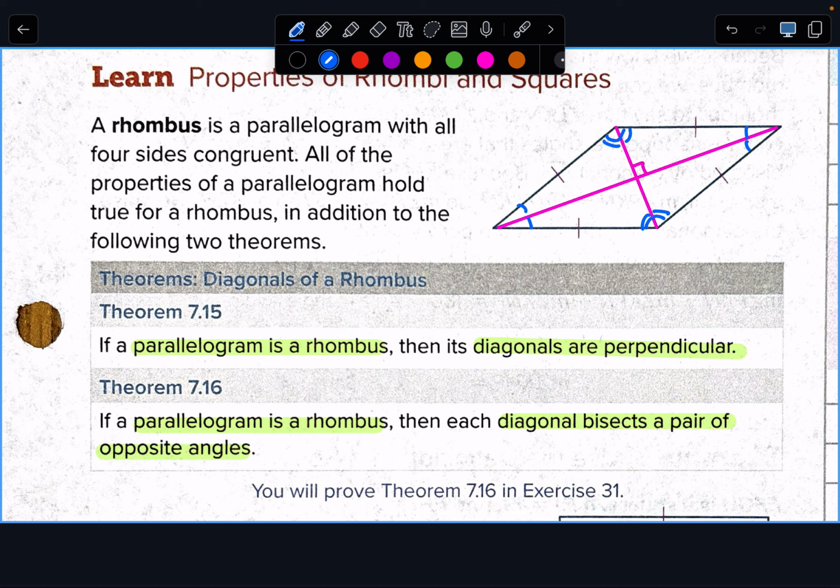And the most important property that I just plain old skipped over, a rhombus is a parallelogram with four congruent sides. I would draw attention to all three of those things.